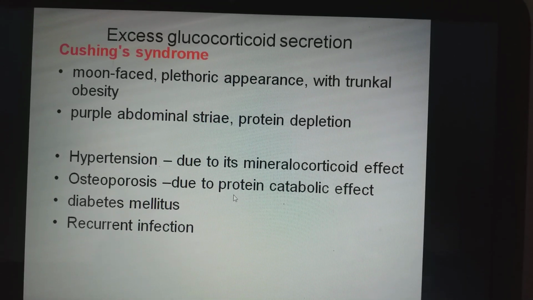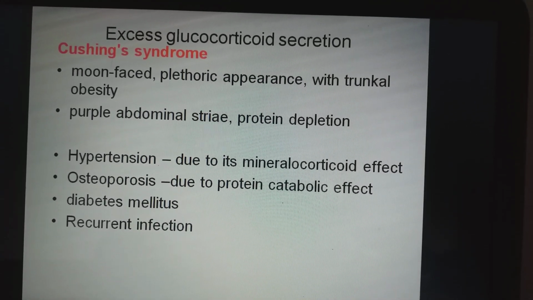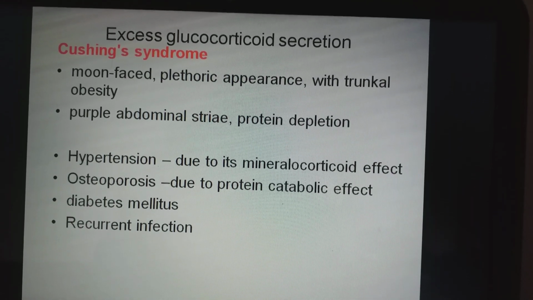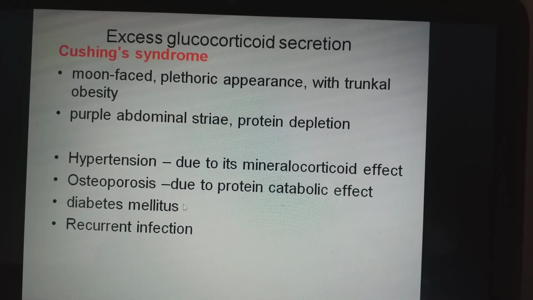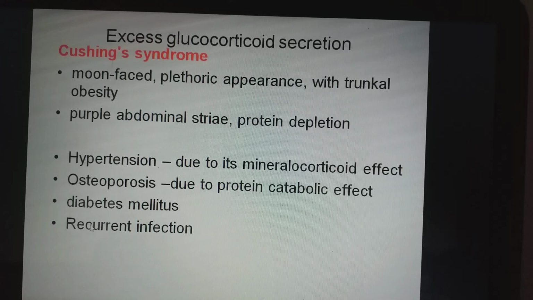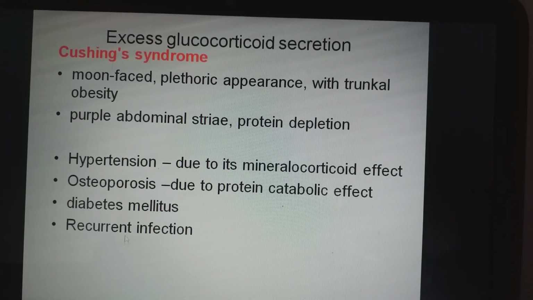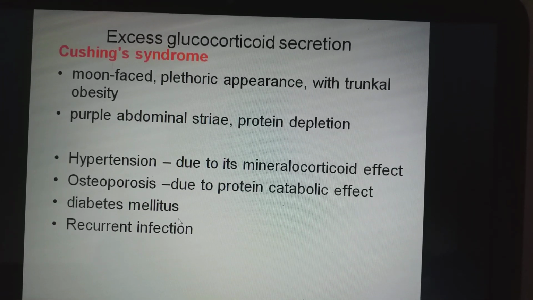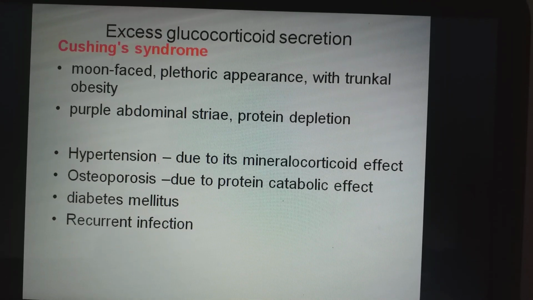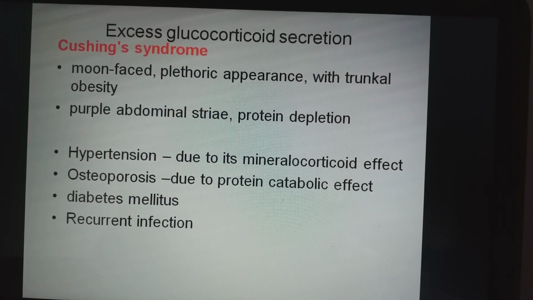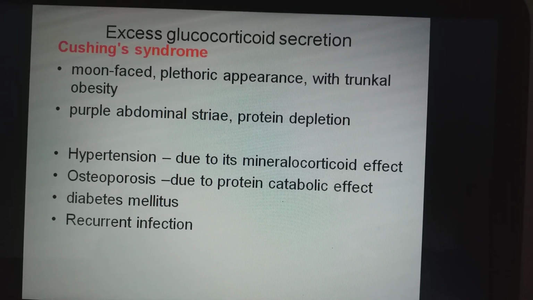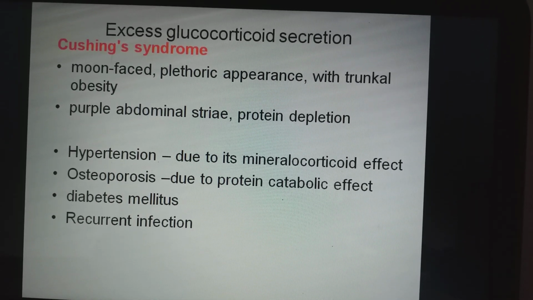In addition to that, it can suppress the immunity, understand? So when the immunity is suppressed, the patient is more prone to get infections and they become recurrent, right? And some of the patients have poor wound healing due to the effects of excess steroids in the body, that is cortisol.